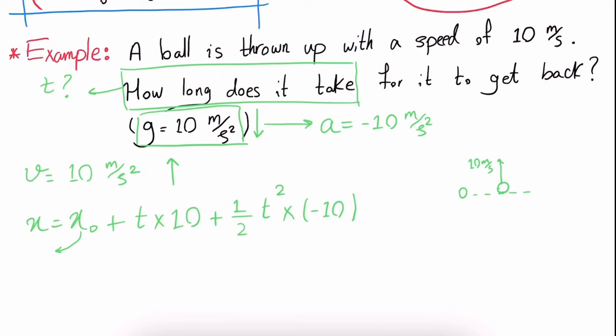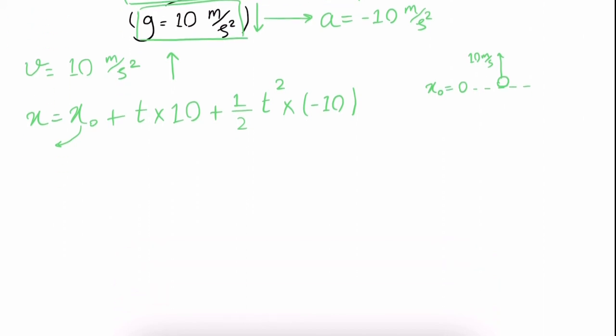So x0 equals 0. Therefore, our equation will turn into this one: x equals 10 times t plus t squared times minus 5. This is a second order equation, which has two answers.